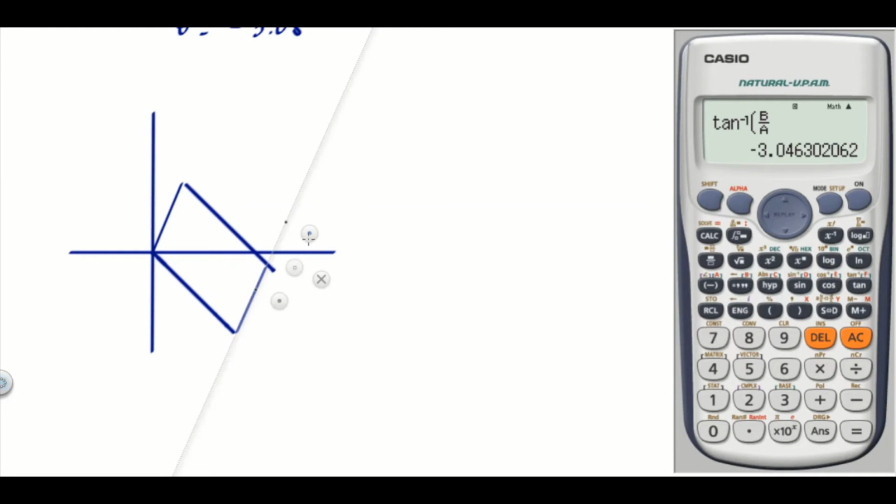Then yung resultant, yun yung nasa gitna, yung diagonal. Gawin natin red. Okay, yan. So yung red, yun yung resultant.